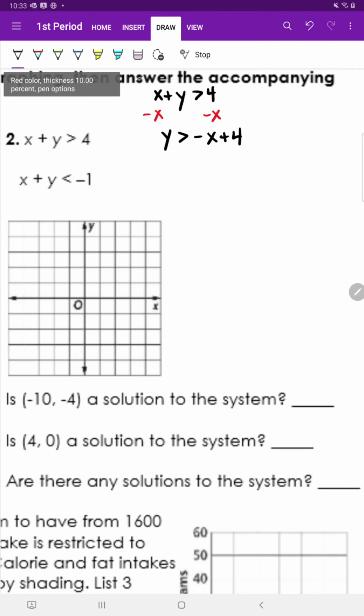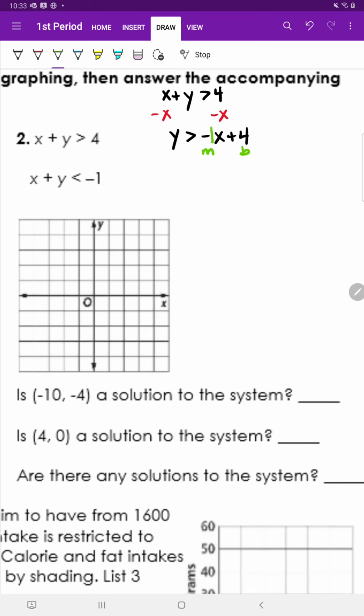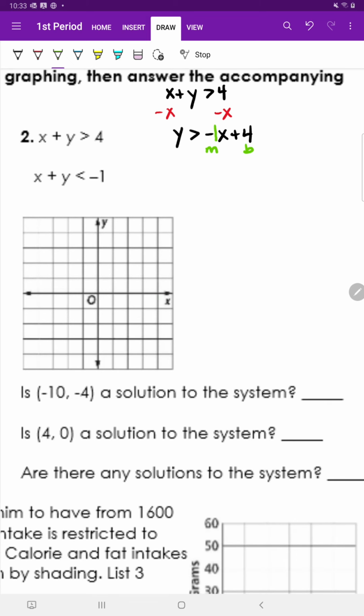This is now in the form y = mx + b. So I'm going to fill this in. Let's use green. I'm going to write in a 1 here, so it's easy to see that our m is -1 and our b is +4. Let's draw this inequality on the graph. So b is right here, and a slope of -1 over 1 goes down 1, right 1.